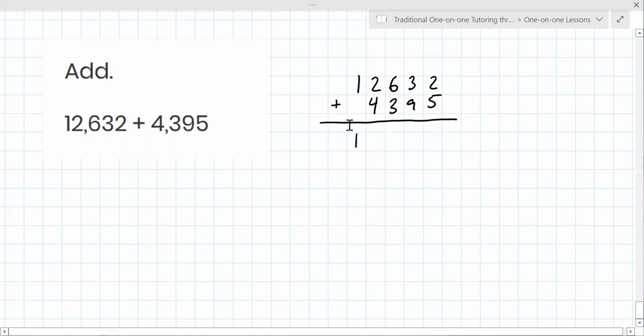So let's start over. What is 2 plus 5? Nope. 7. What is 3 plus 9? 12, okay, so you put a 2 with a carry of 1. What is 1 plus 6 plus 3? 1 plus 6 plus 3 is not 8.